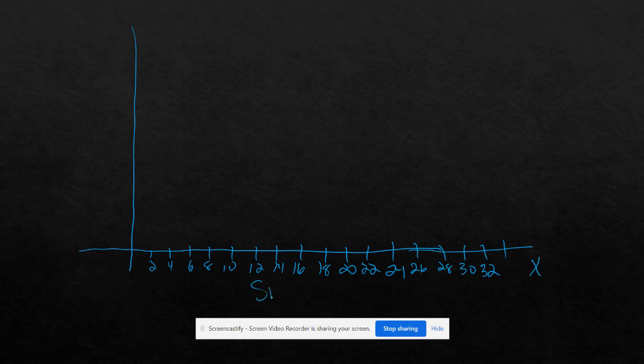So this is small tables. I'm going to go by 2 on the y.